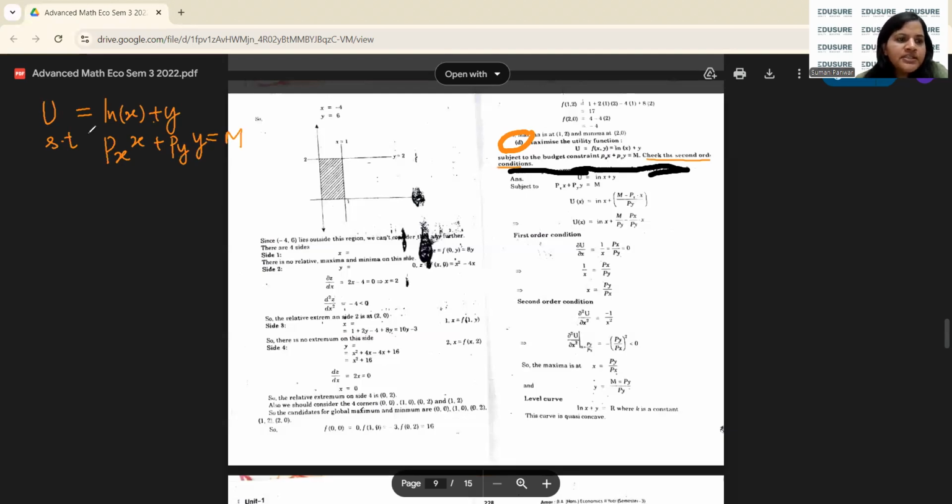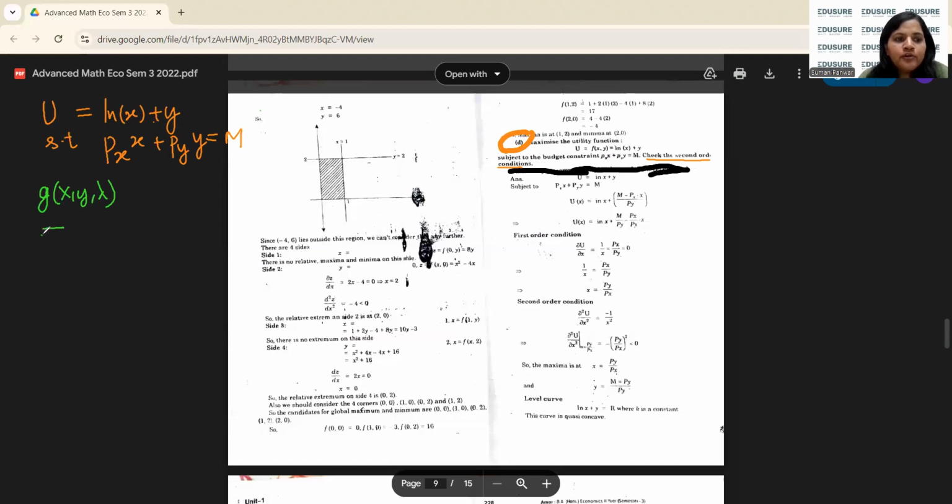If we want to find out the maxima or minima using the Lagrange multiplier method, then we have to consider a function g(x, y, lambda), where lambda is the Lagrange multiplier.